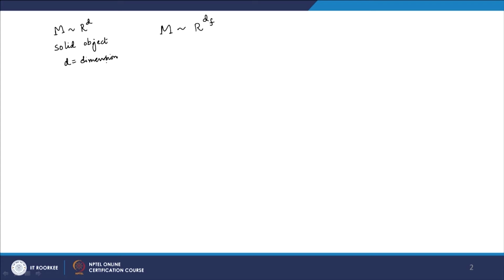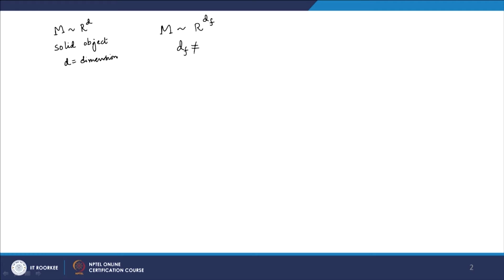If it is a solid rod, a disc or a sphere, the number of segments within a distance r goes like r to the power d. In the case of a polymer chain, it is not true. We can have m going like r to the power some other power df, where df is not equal to d, and if that is the case, we call this a fractal. We have done this briefly for the 3-dimensional case.